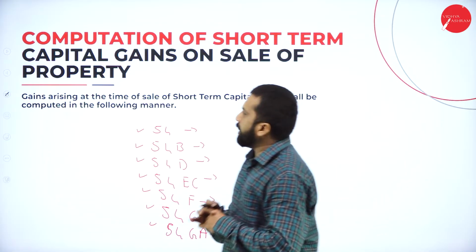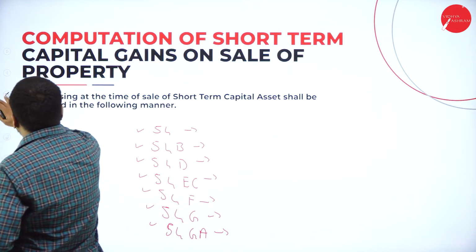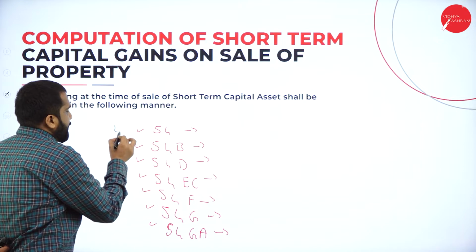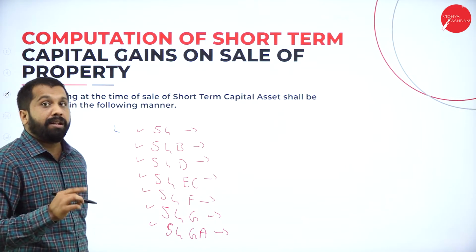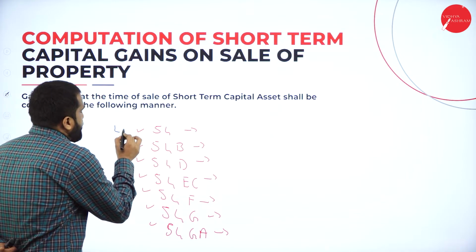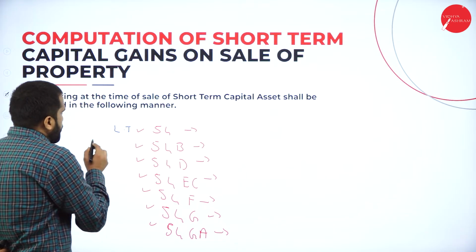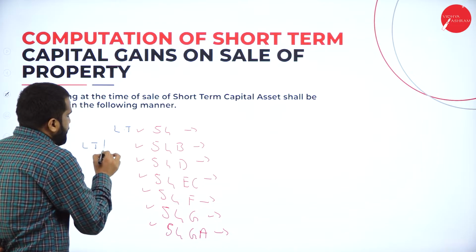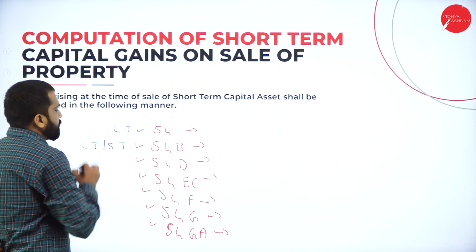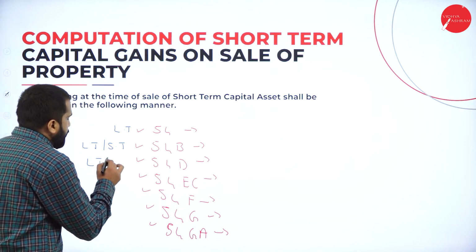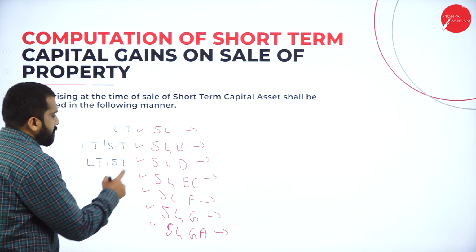Now, in this I'll bifurcate. For 54, remember, I'll write L. L means long term. This will come only for long term. 54B is long term as well as short term. And the third one is long term as well as short term.